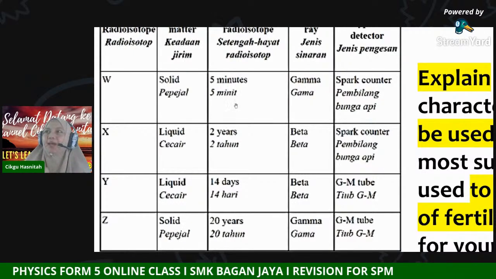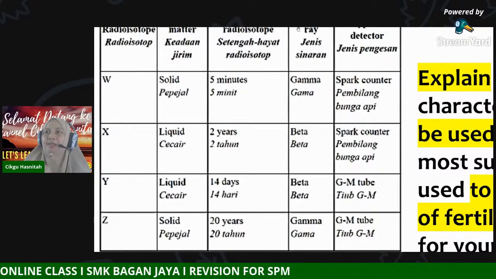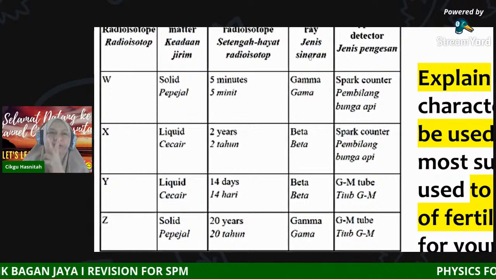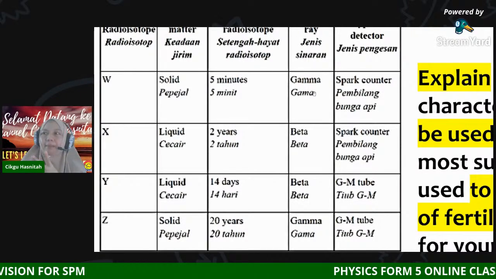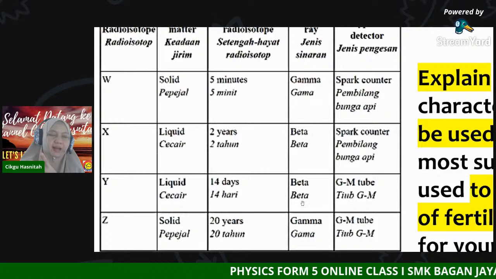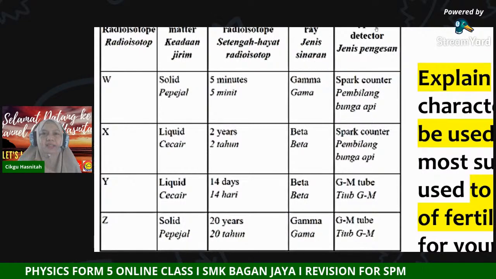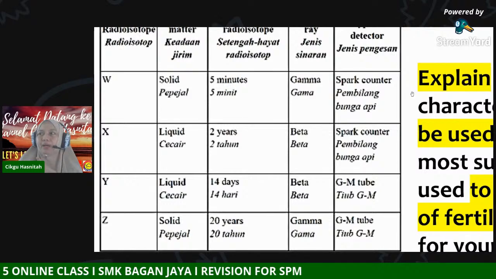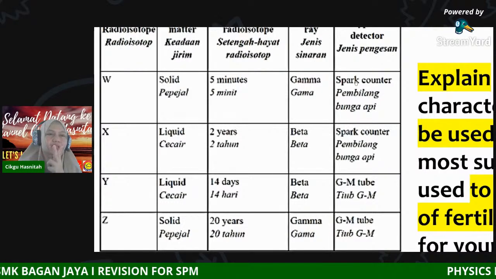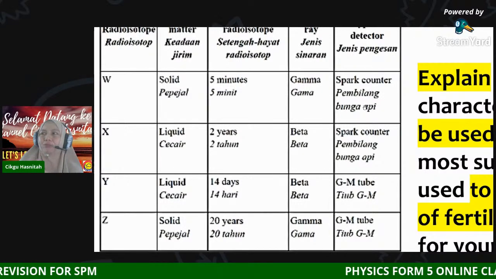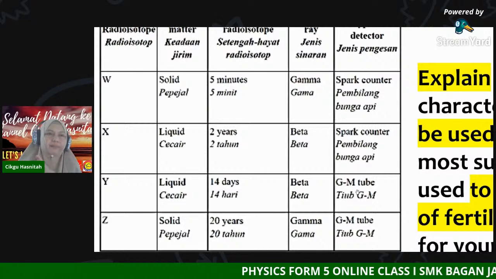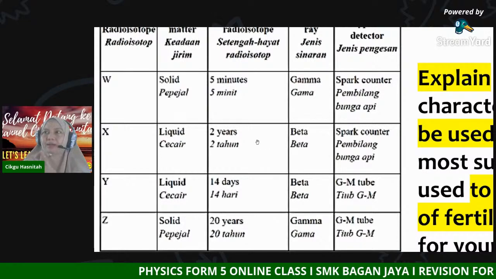And the type of ray emitted by the radioisotope, you are given two choices, gamma or beta. And the fourth characteristic is the type of detector used. You are given two choices, spark counter and GM tube, Geiger-Muller tube.